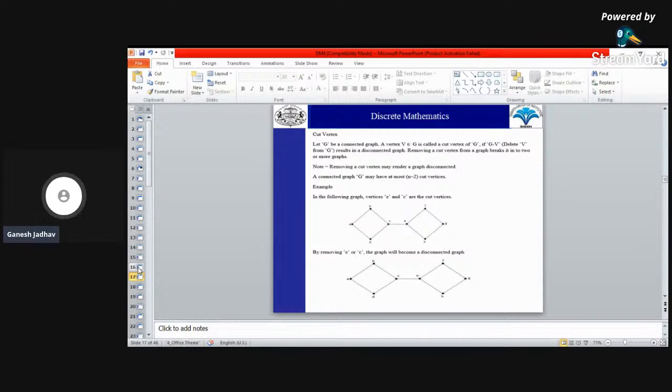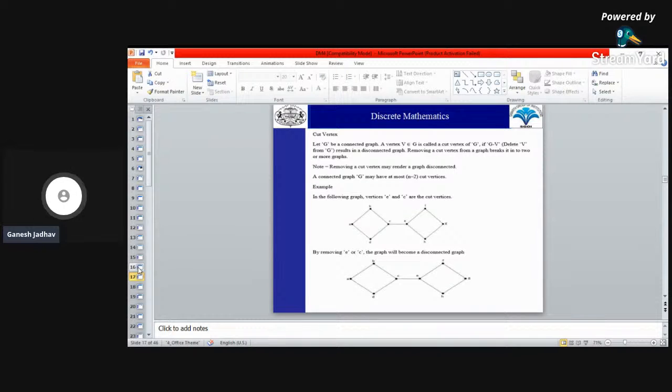There is only one edge between C and E. So vertices E and C are the cut vertices. Whenever we cut this line, we can divide the graph into two parts. So these are cut vertices.